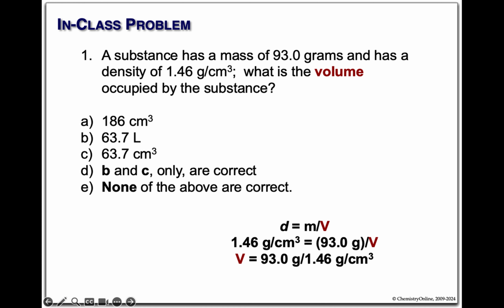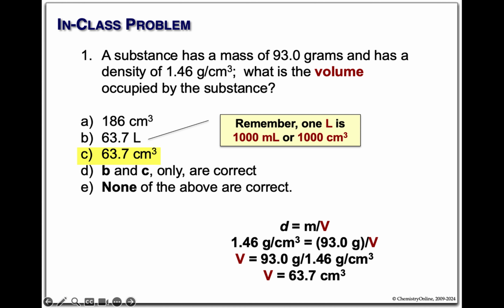Do the simple calculation. 63.7 cubic centimeters. This is also 63.7, but liters. Remember, a liter is 1,000 of these guys. Questions?